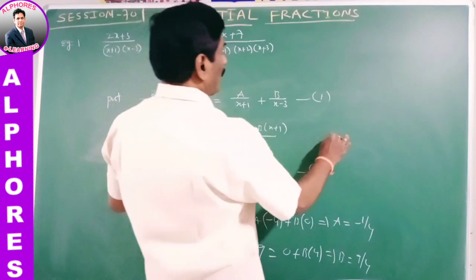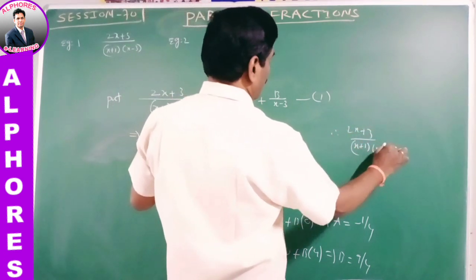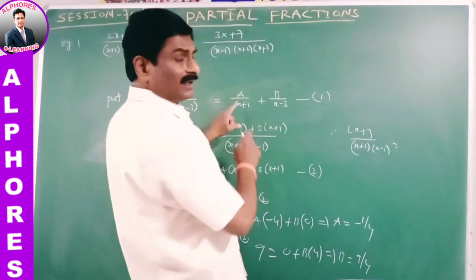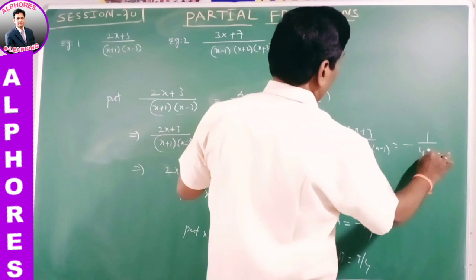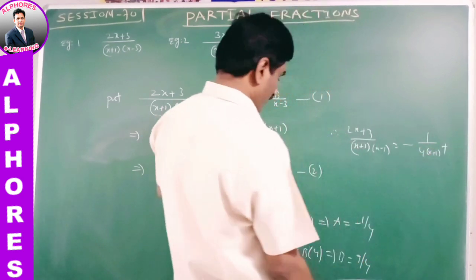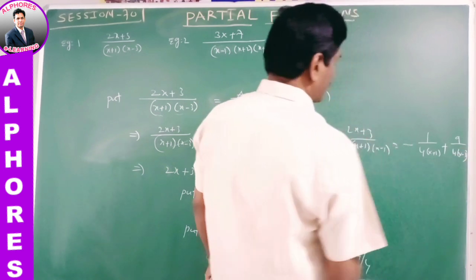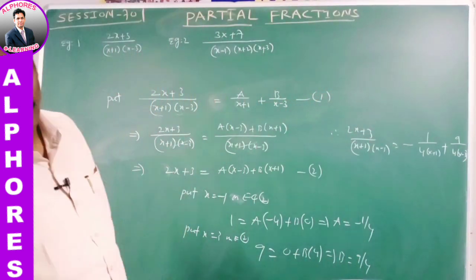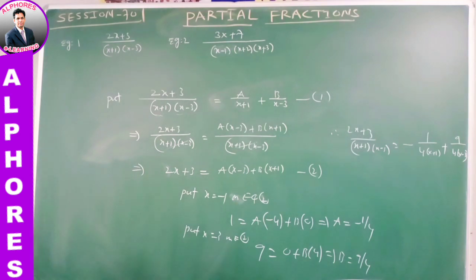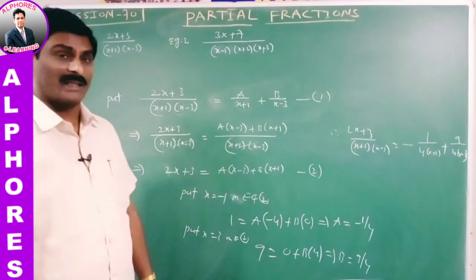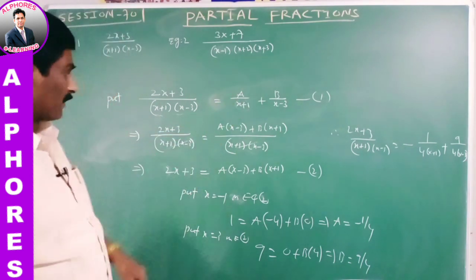Therefore, 2x plus 3 by x plus 1 into x minus 3 is equal to minus 1 by 4 into x plus 1 plus 9 by 4 into x minus 3. These are the required partial fractions. Please note this value. Next, the second method: to find a and b, we use an alternative method.